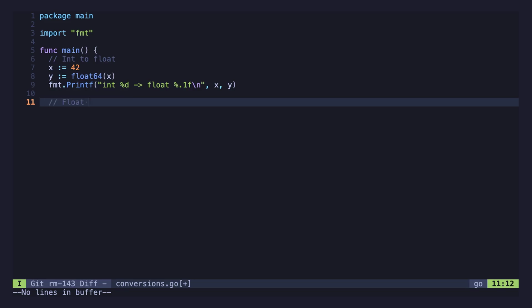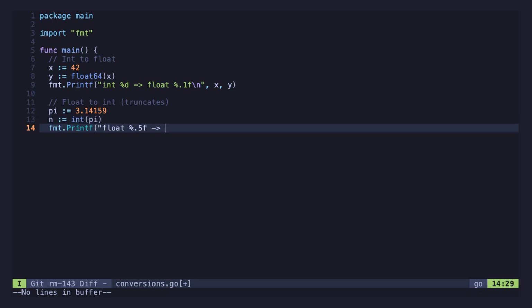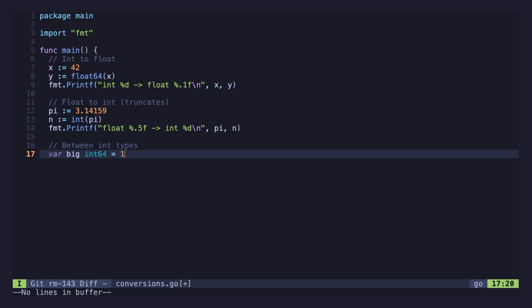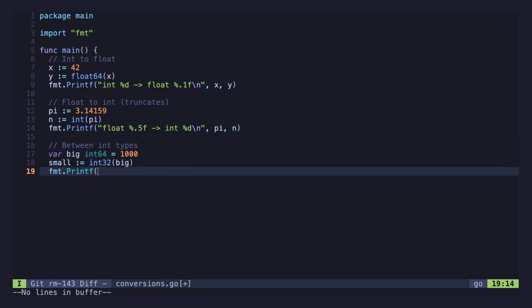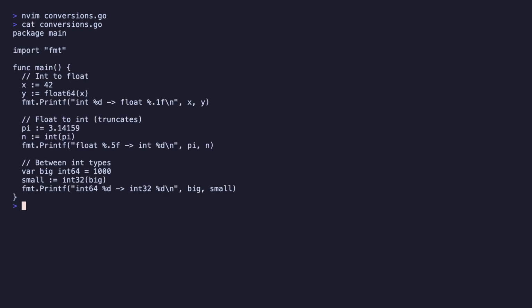Converting float to int truncates the decimal part. You can also convert between different integer sizes. Always be careful of precision loss when converting types.